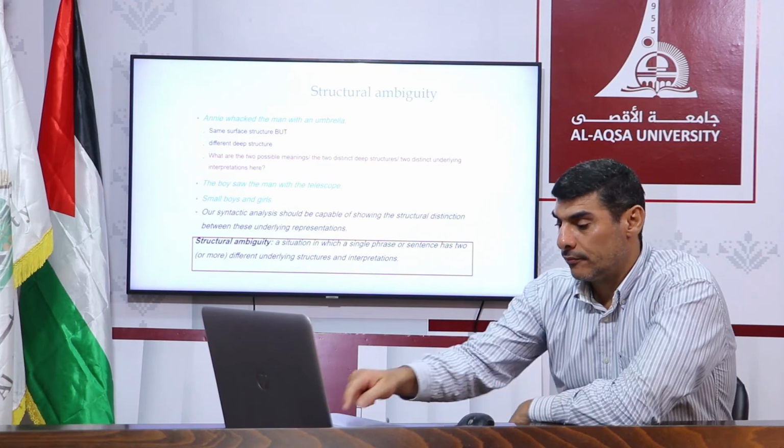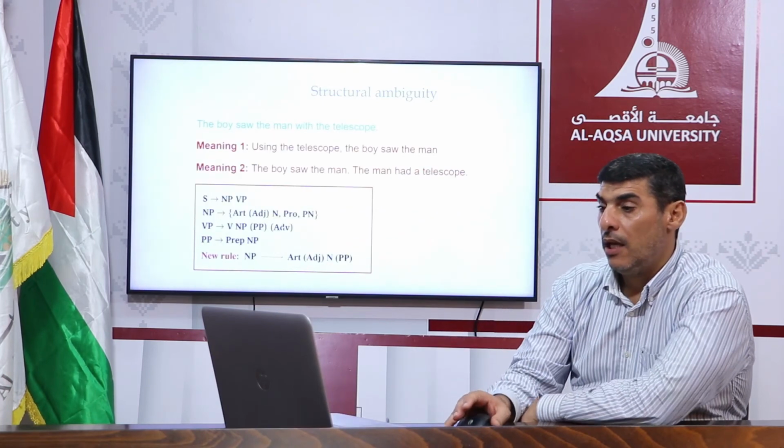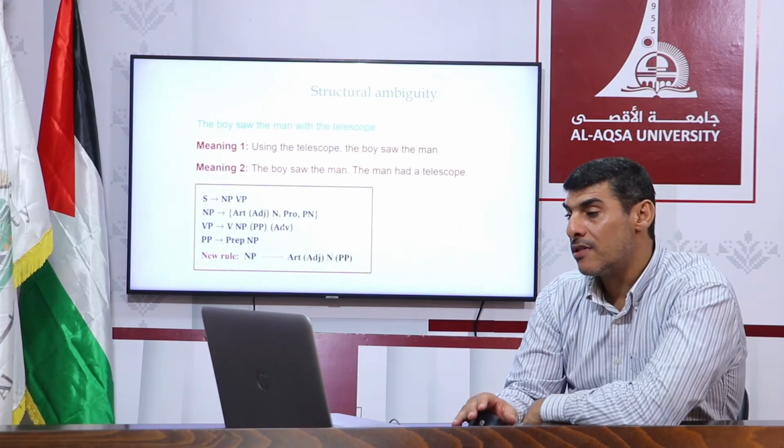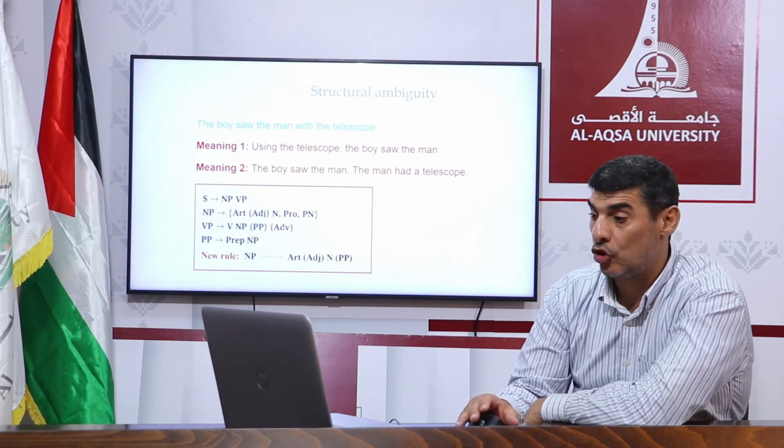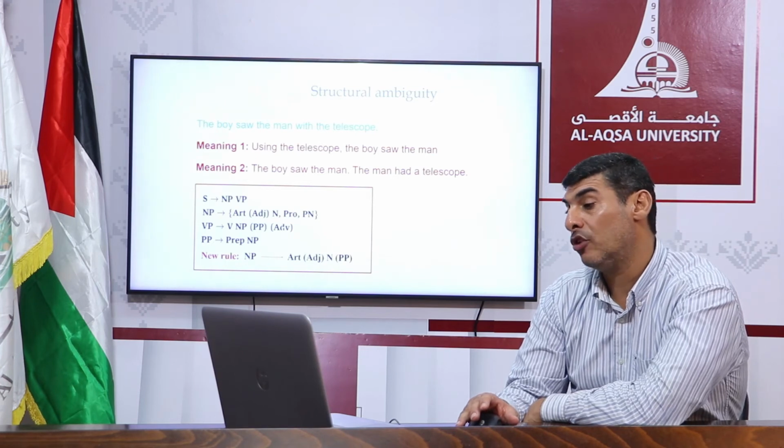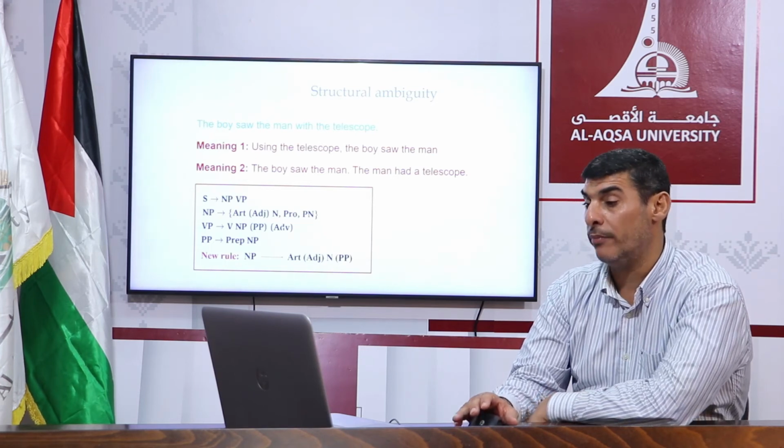Okay? This is very clear. Using the telescope, the boy saw the man, or with the telescope, the boy saw the man, or the boy saw the man who had a telescope, etc.